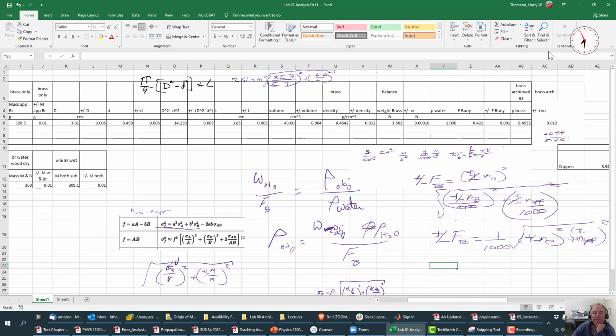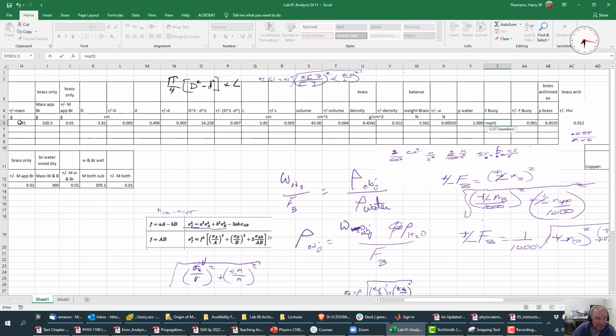Okay. It's not easy, right? And it's a lot of careful bookkeeping. So let's go for it. Equals square root of plus minus the mass of the brass squared plus plus minus the mass apparent squared, and then divide that by 1,000.